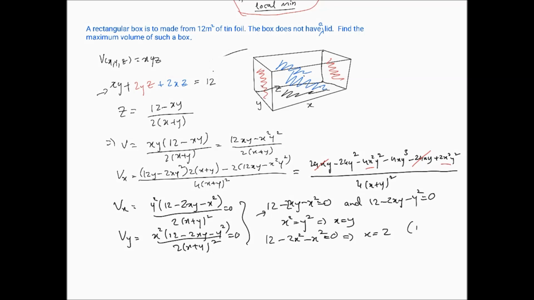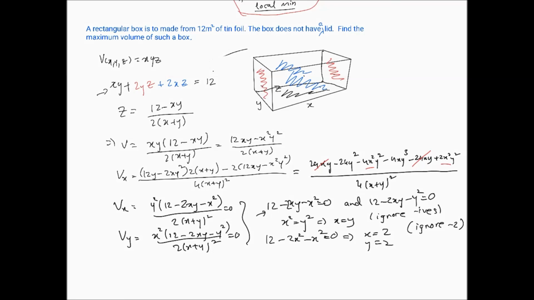Ignore minus 2, because we're looking at dimensions. So plus or minus y and plus or minus x are both ignored. So x is equal to 2, and of course x is equal to 2 means y is equal to 2. So we've got our dimensions. This seems to be the only value. We get only one value out of this.